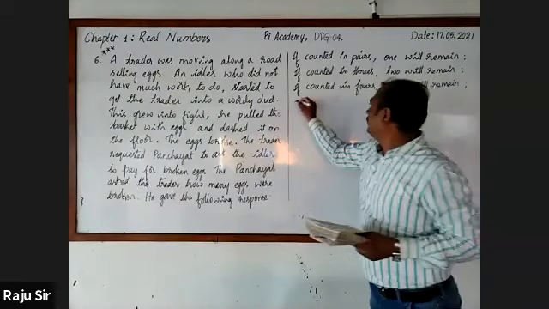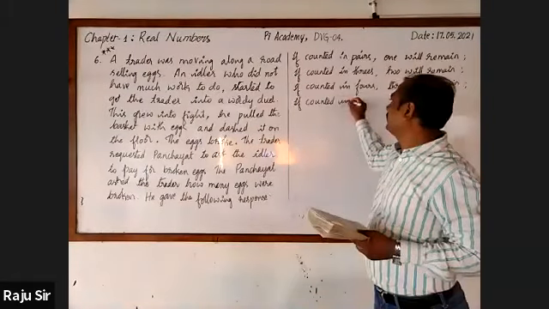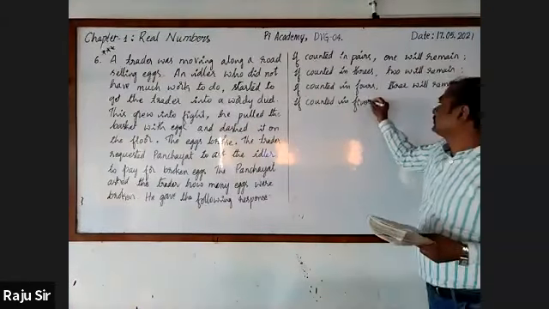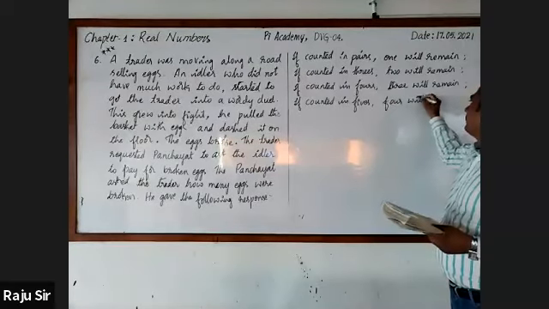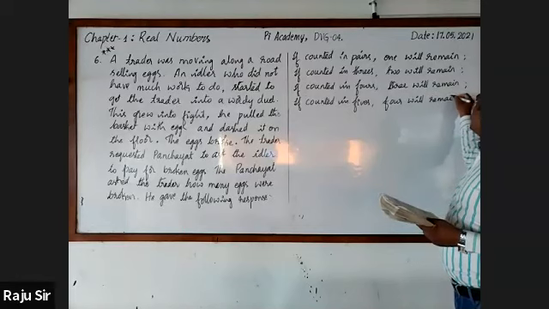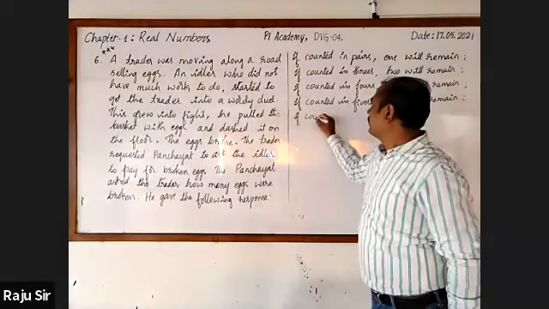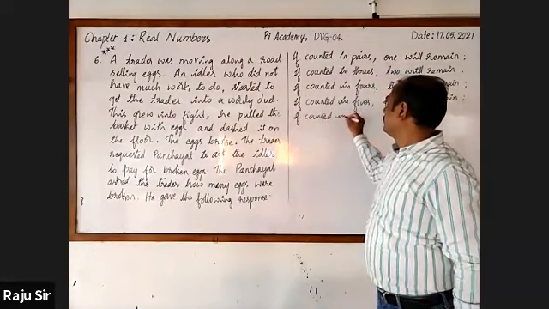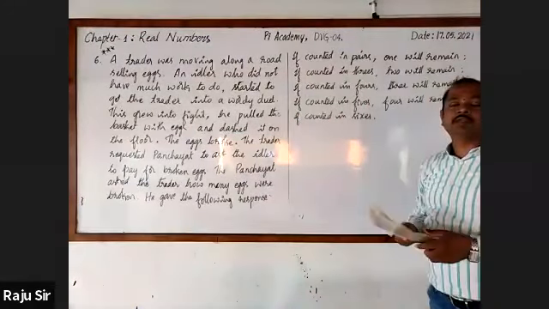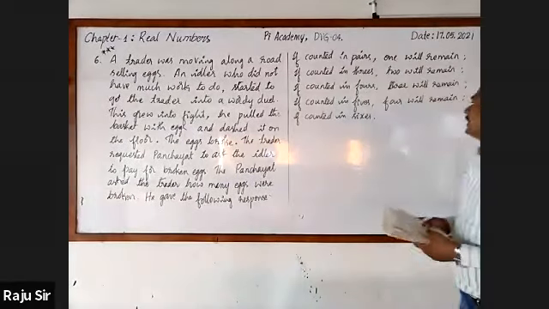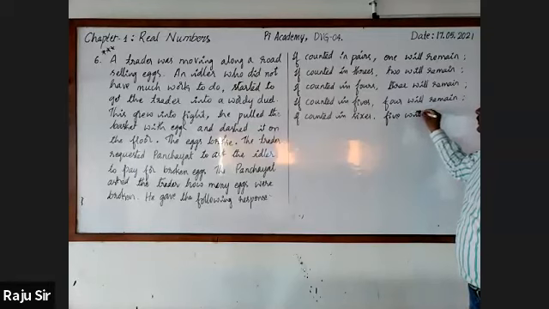Next, if counted in 5s, then 4 will remain. If counted in 6s, if you go on counting 6 eggs, at last we will get 5. 5 will remain.